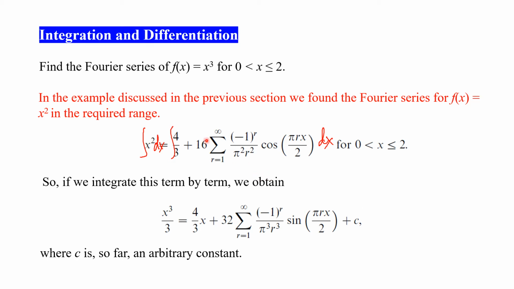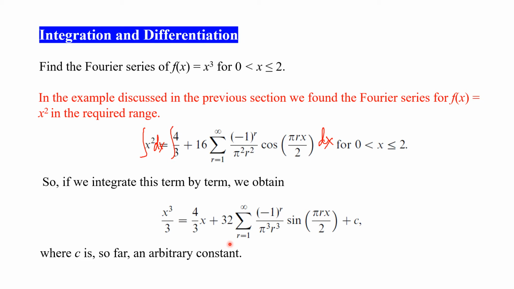Again, what we are going to do to find the Fourier series of f of x equal to x cubed is use the Fourier series that we have in our previous example, which is the Fourier series for x squared. So we integrate this one and we have this expression here.